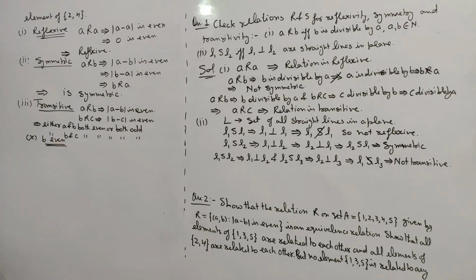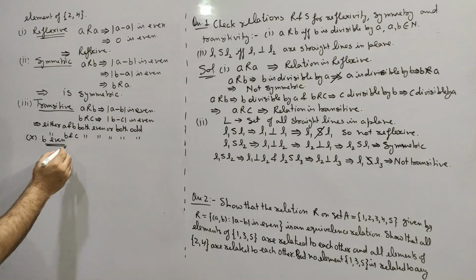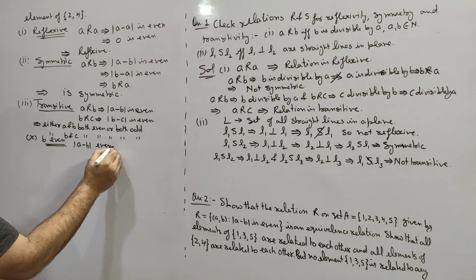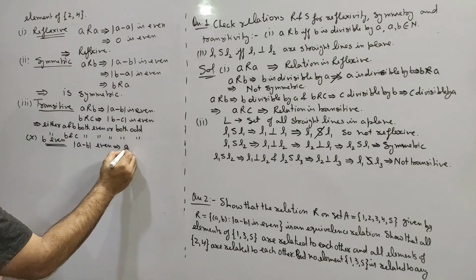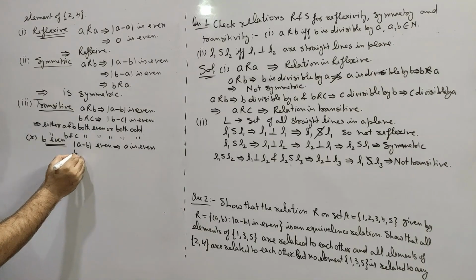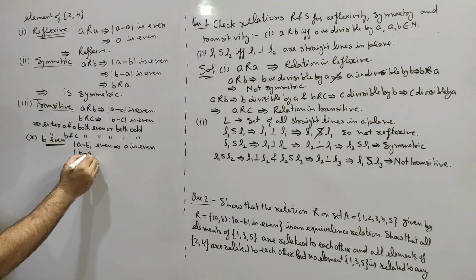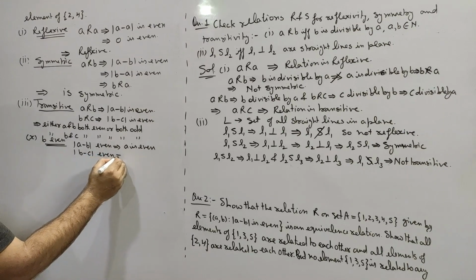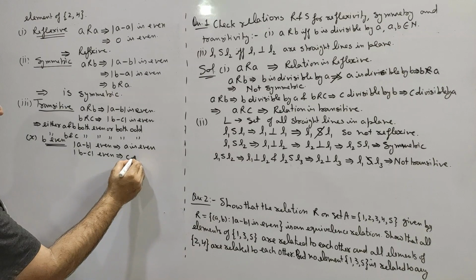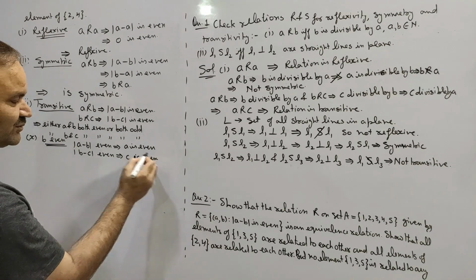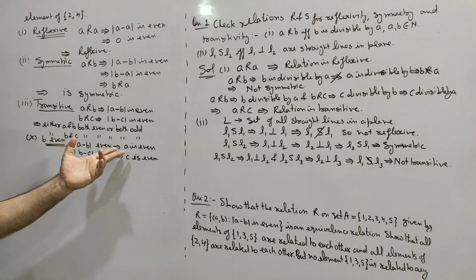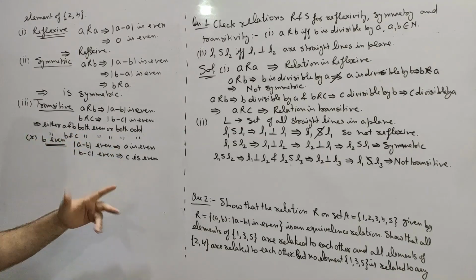when B is even, then modulus of A minus B even implies A is even, and modulus of B minus C even implies that C is even. Why is it so? Because the difference of two even numbers will be even, or the difference of two odd numbers will be even.